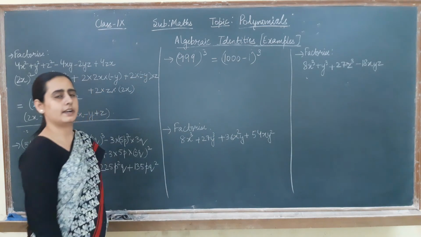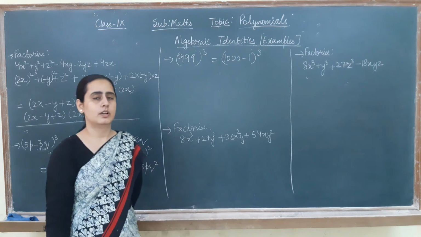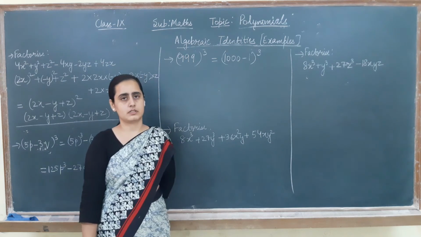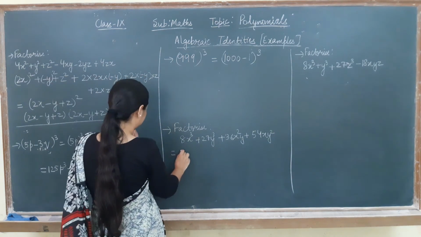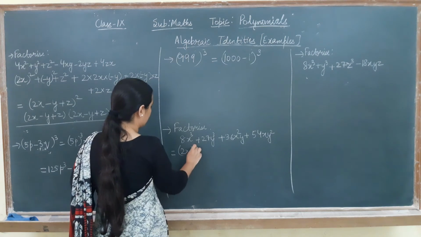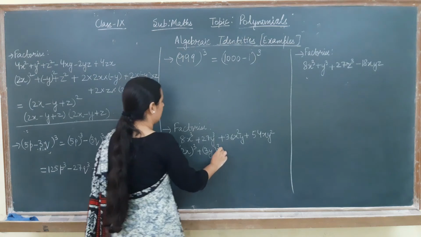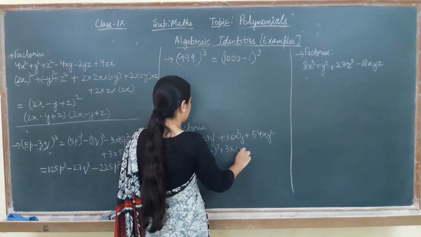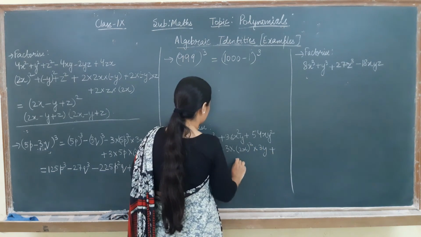It comes in the identity of x plus y whole cube. That's why I am saying learning the identities is a must. Fine. Let us try to convert. It will be 2x whole cube, 3y whole cube, plus the identity says 3x square y plus 3xy square.